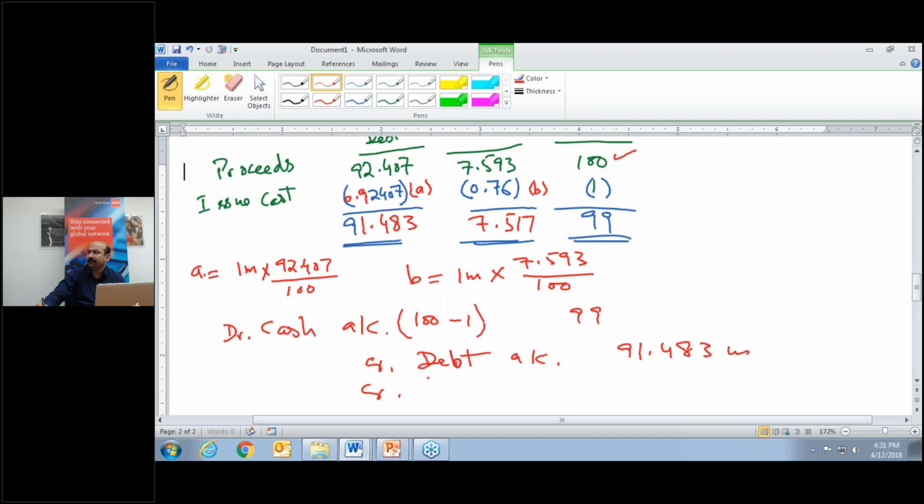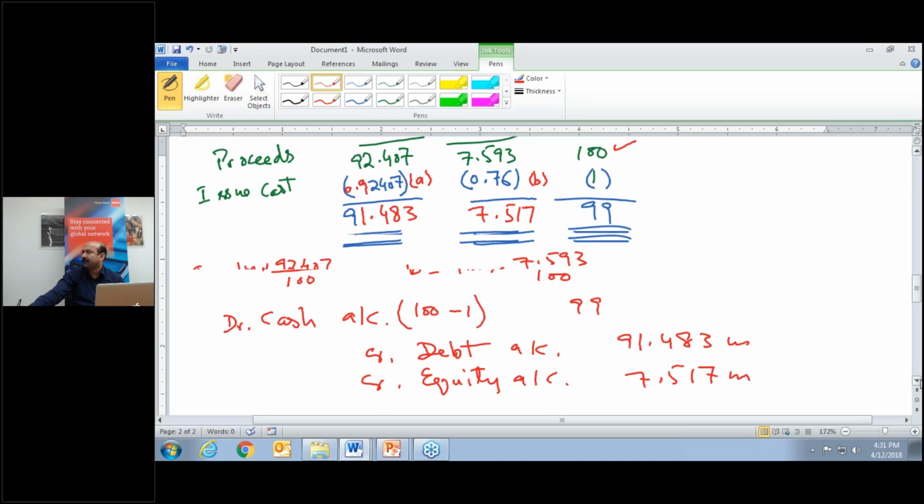There may be a small rounding difference, so please ignore that. Then it gives us 99, and okay, fine, it looks fine.